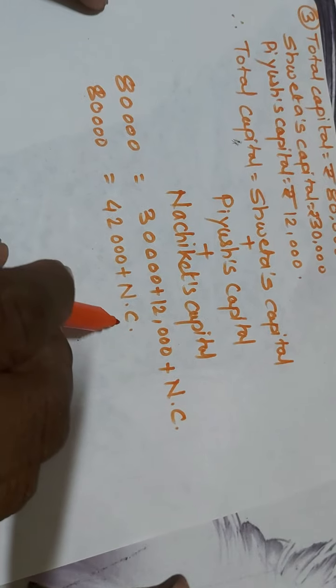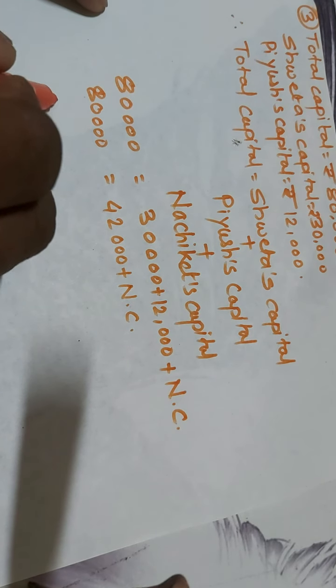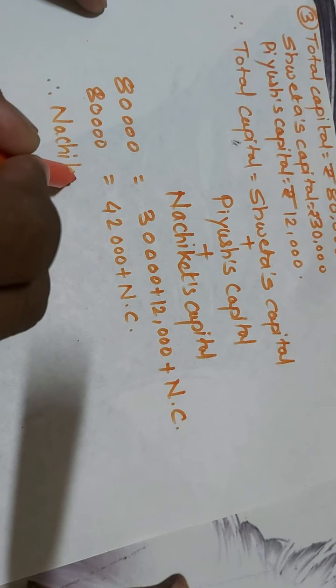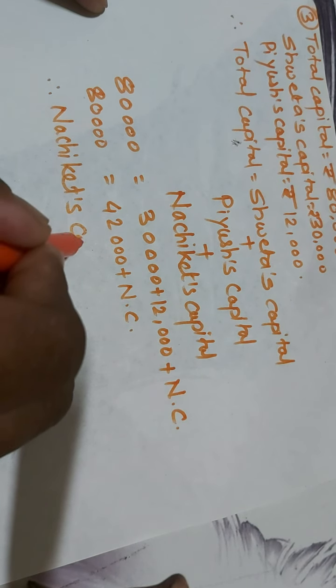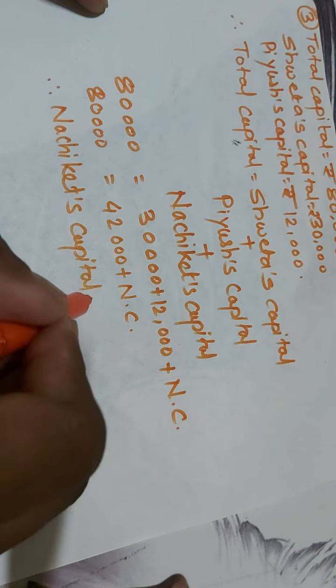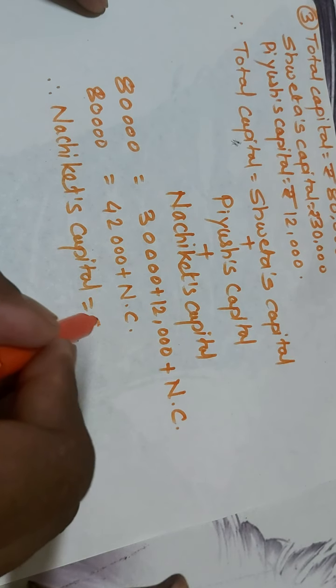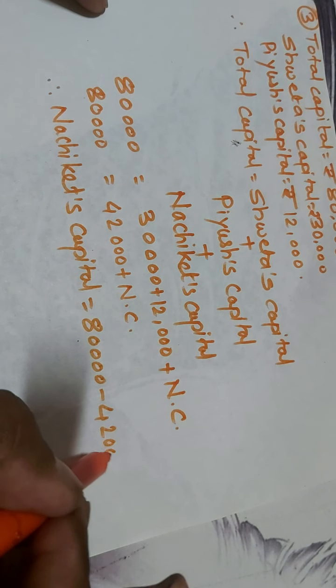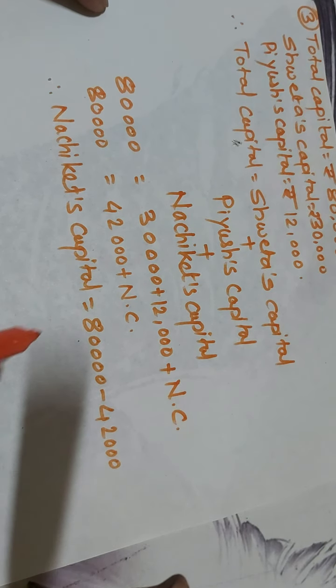Therefore Nachiket's capital is equal to the total capital, 80,000, minus 42,000.